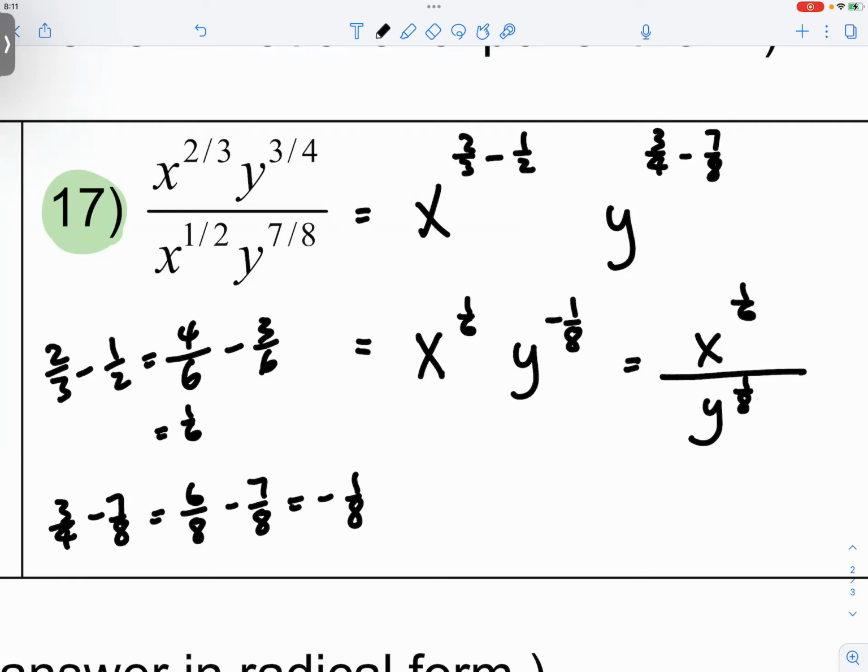And let me just go ahead and make one thing very clear. The negative exponent does not make the number negative. I repeat, the negative exponent does not make the number negative. A negative exponent simply means reciprocal. That's all. Okay?